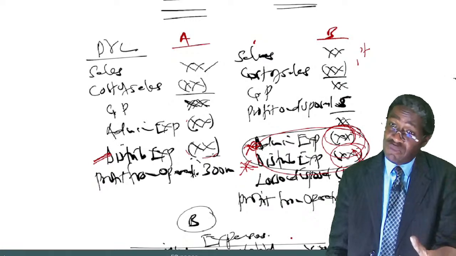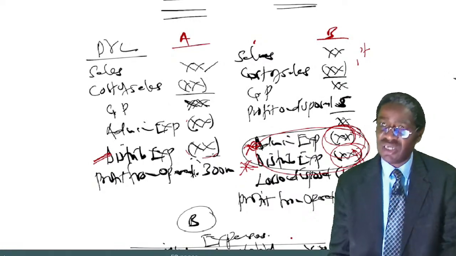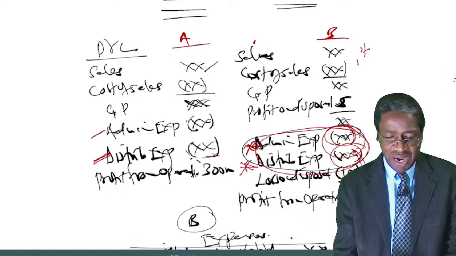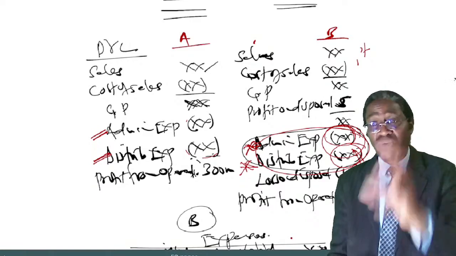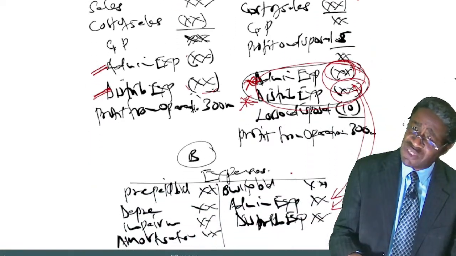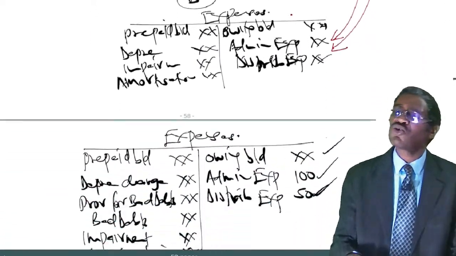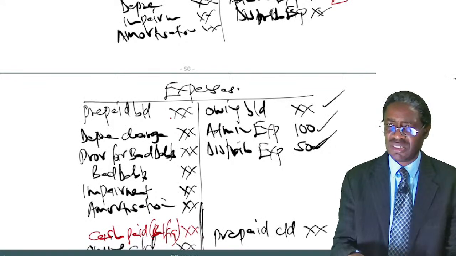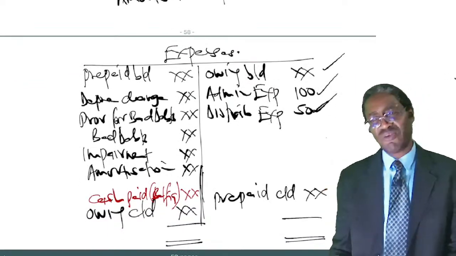Or if you sold office equipment and you made a gain on disposal, accountant number A must have included it among admin expenses. Listen. So for accountant number A, when I want to determine their cash paid for services rendered, I will automatically ask, is it affecting what I'm looking for?